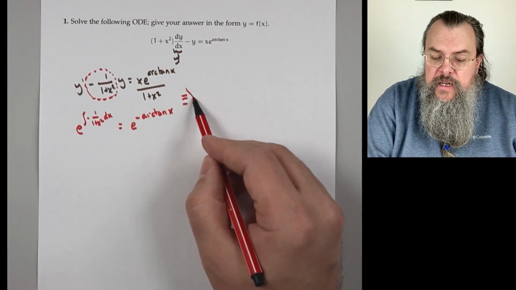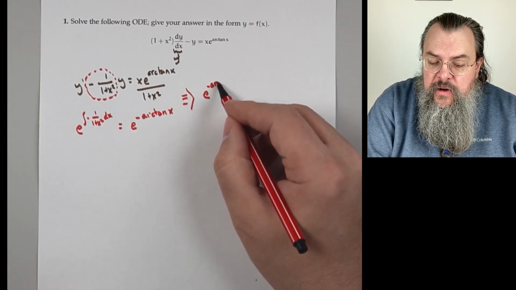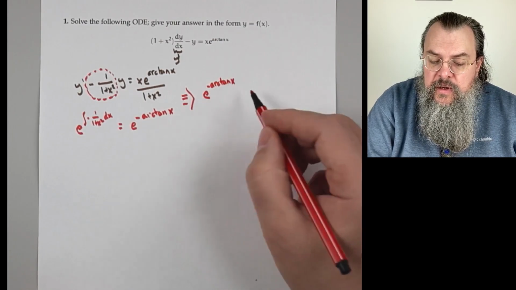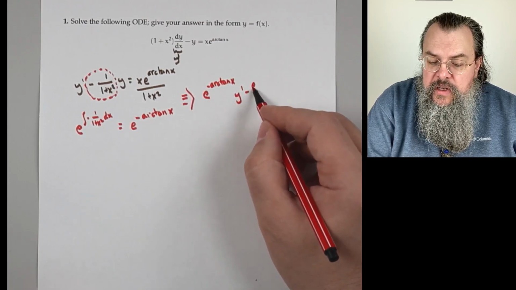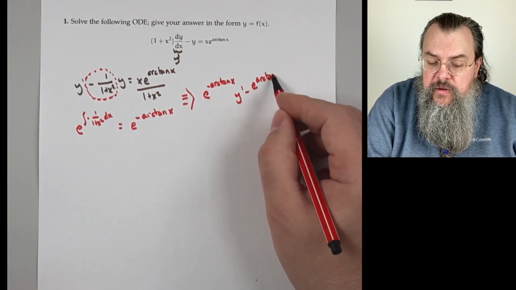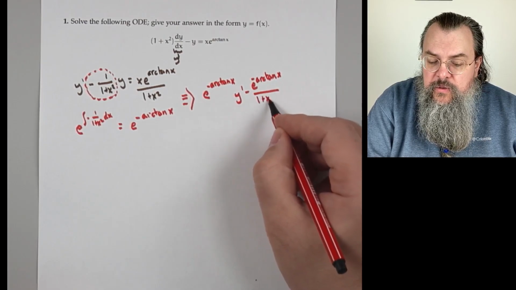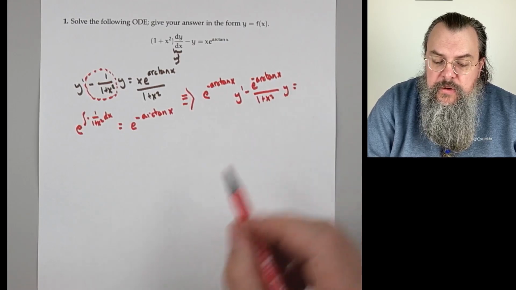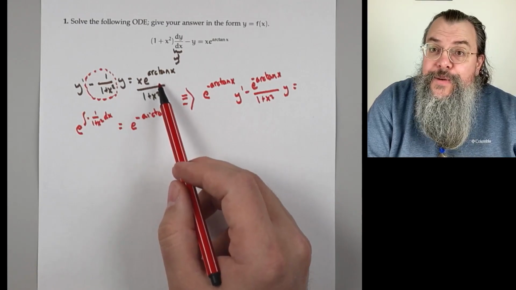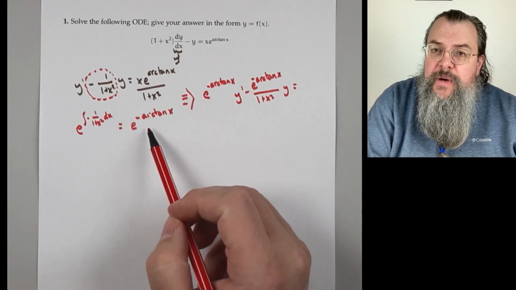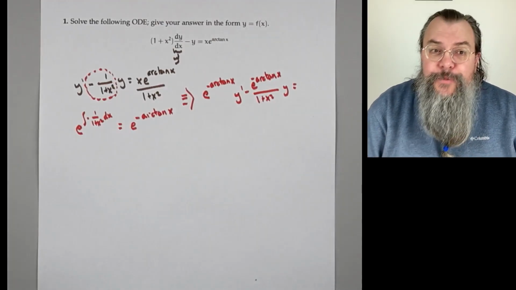So what we get is the following. E to the minus arctangent of x times y prime minus e to the minus arctangent of x over 1 plus x squared y is equal to... Now notice, over here, we already have an e to the arctangent of x multiplied by e to the minus arctangent of x, they cancel.